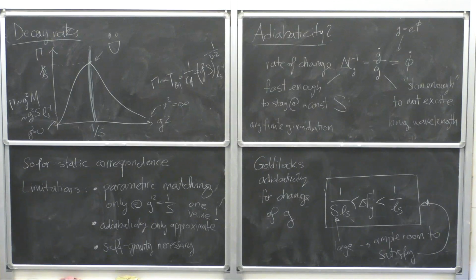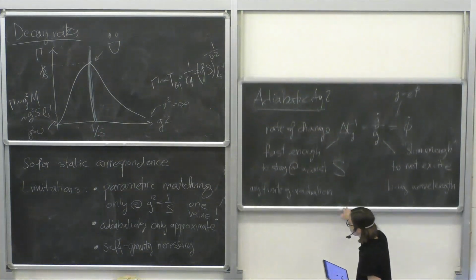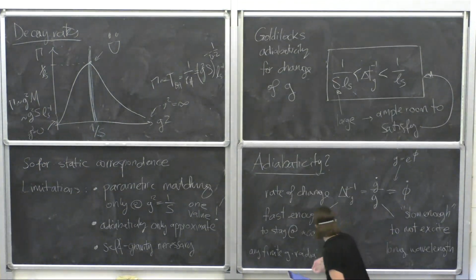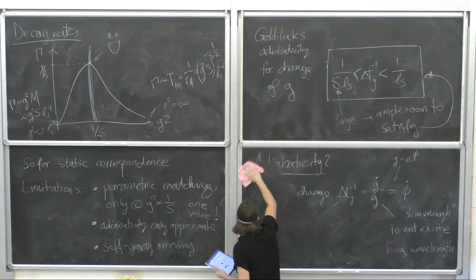Okay, so that was for the static case. And now the point is that once you spin the black holes and the strings up, new features will arise. And there will be these puzzles that we discussed in the first lecture.